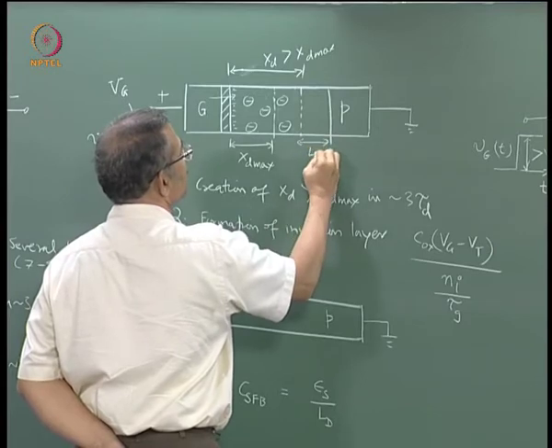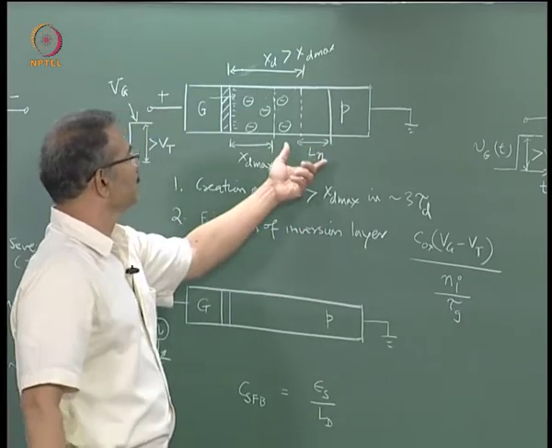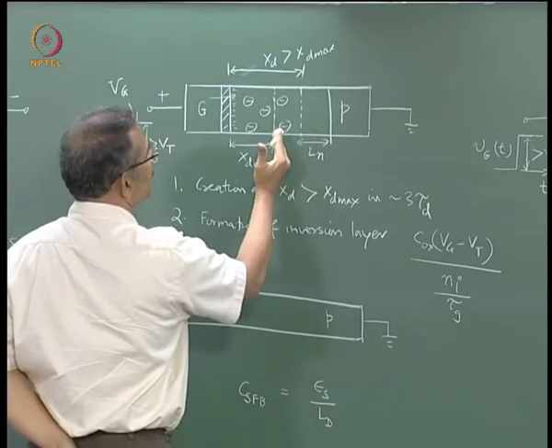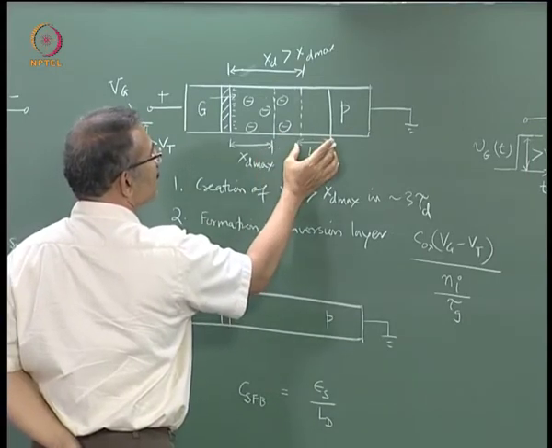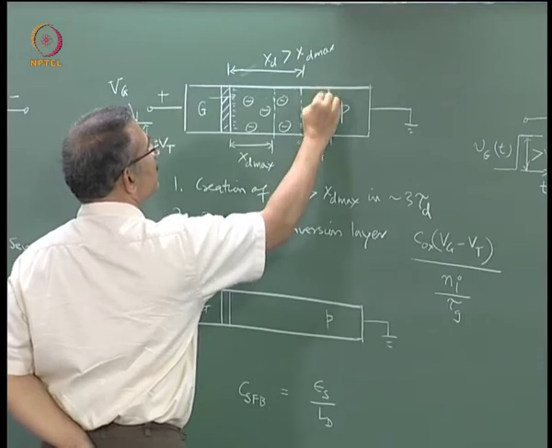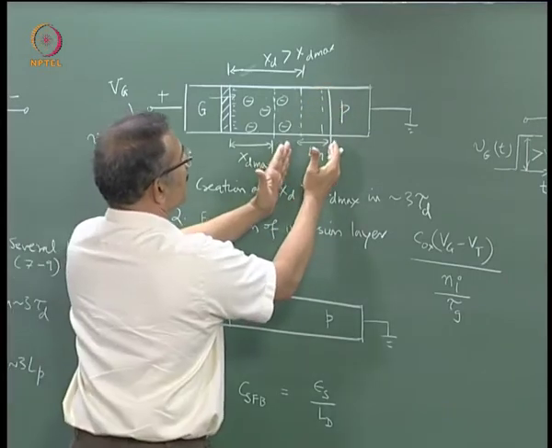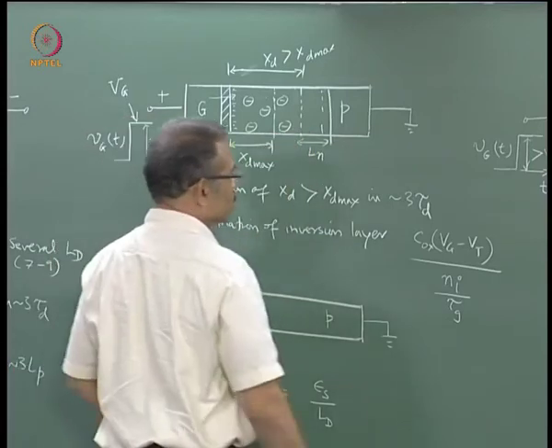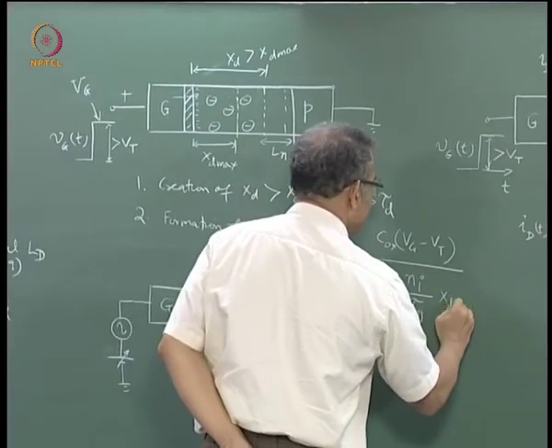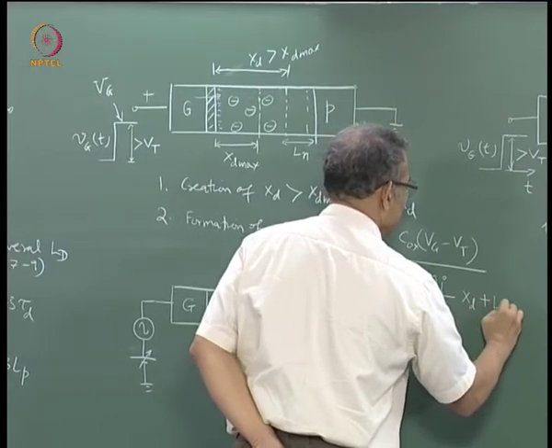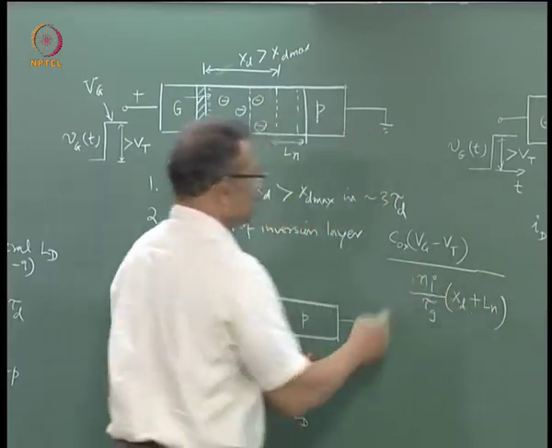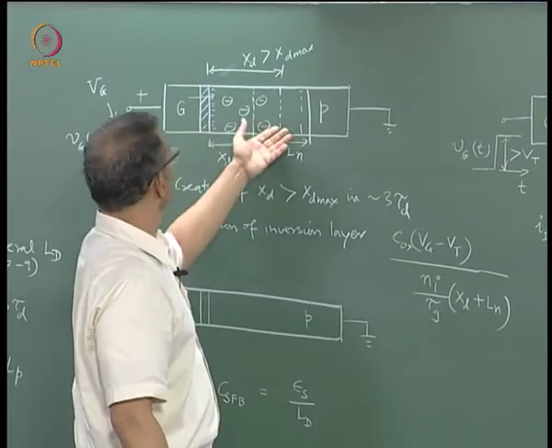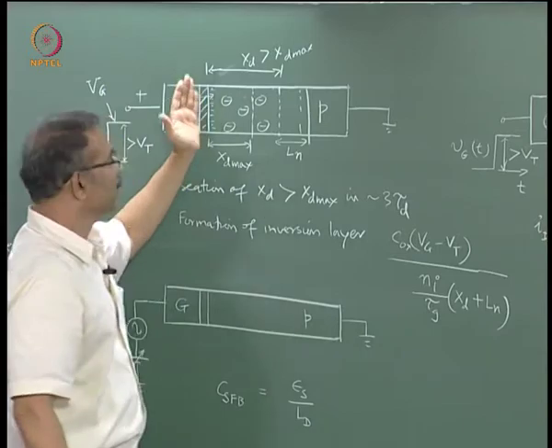Let us say this is the minority diffusion length Ln. Note that this boundary is progressively shifting, so this boundary also will keep shifting. It is always within a diffusion length from the depletion edge at any instant. So we can write here xd plus Ln. Within this region the generation will happen, and all these carriers will accumulate here and create the inversion layer.